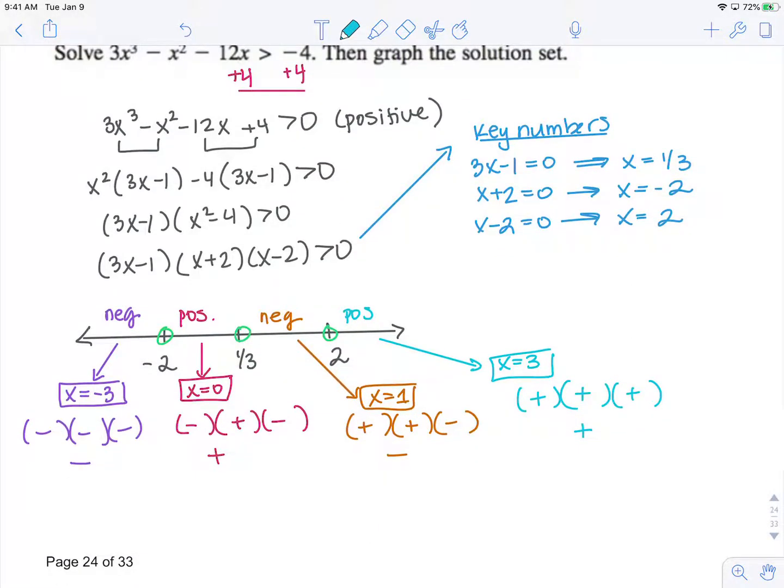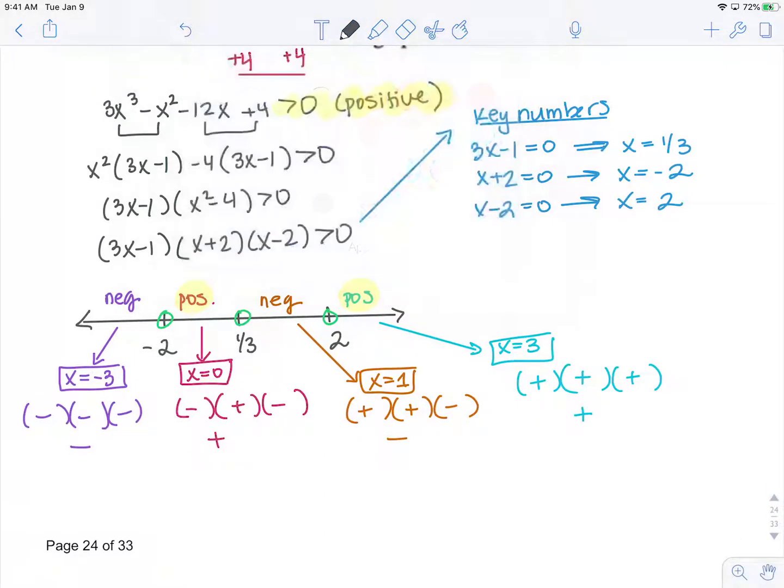So now we need to decide in which intervals our polynomial is positive, because that's what the overall inequality was asking us. When is it greater than 0? So we know it's positive in these intervals here. So writing our answer in interval notation, we go from negative 2 to 1/3 with parentheses because we don't want it to be equal to 0, union with 2 to infinity.